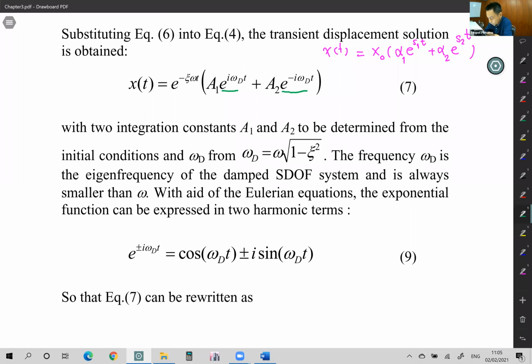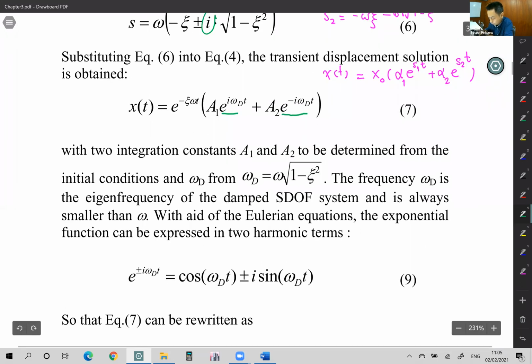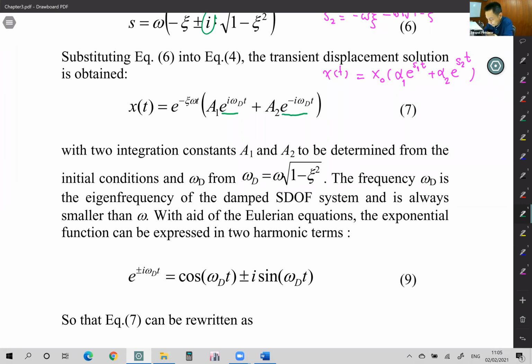Let me introduce one more parameter for you, omega d. Omega d is omega multiplied with the square root of 1 minus zeta squared. Okay?